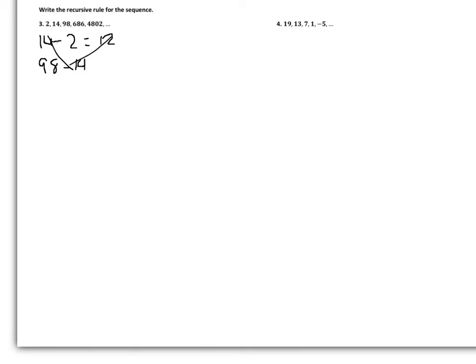So try geometric. 14 divided by 2 is 7. 98 divided by 14 is 7. So it's geometric. Check the rest just to double check, but it is geometric. So watch. A sub n equals common ratio times the previous term. Done.